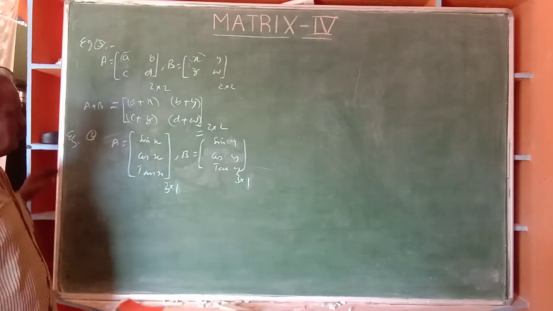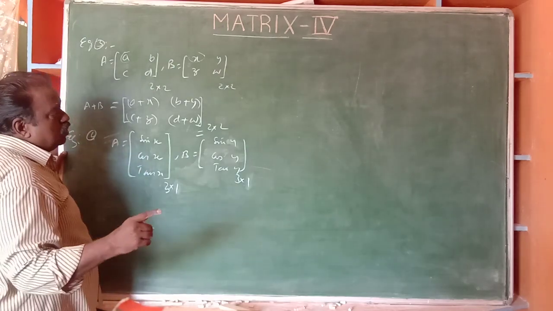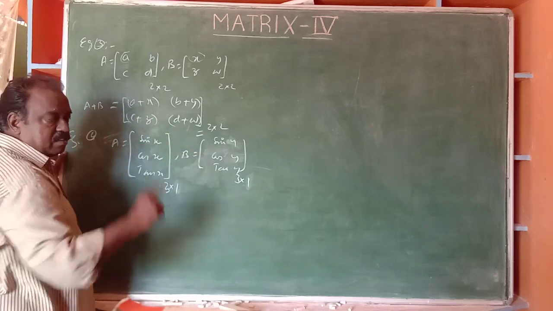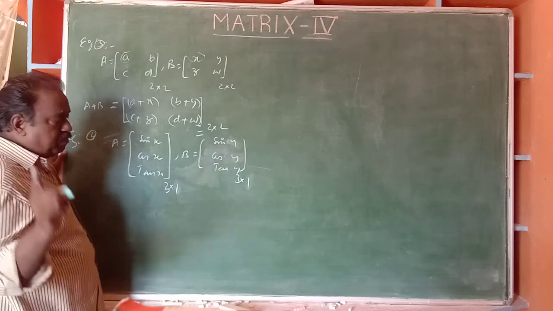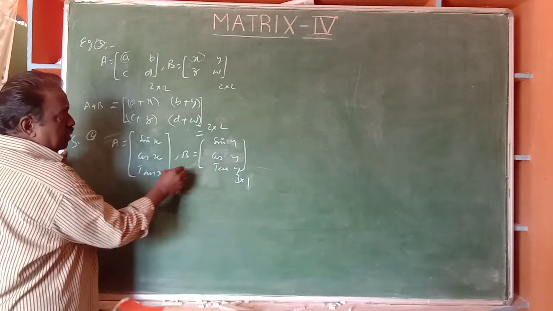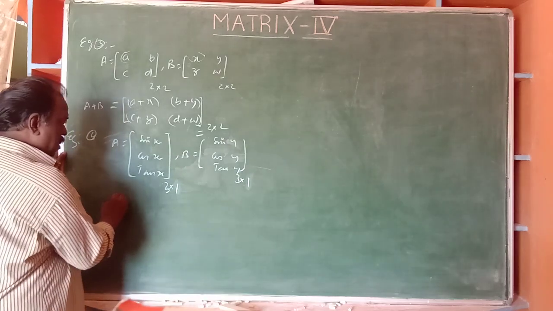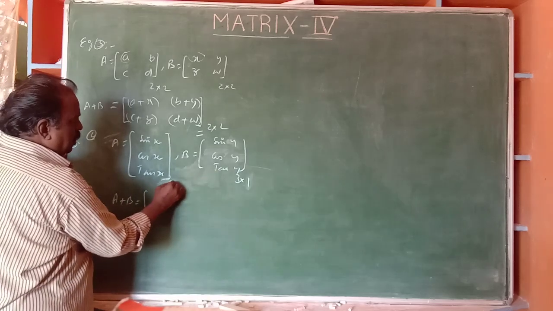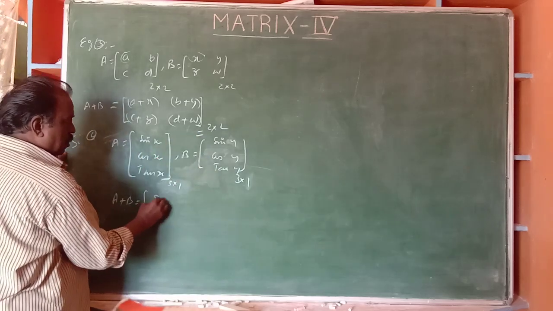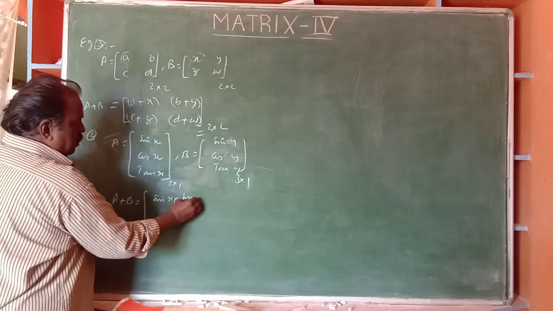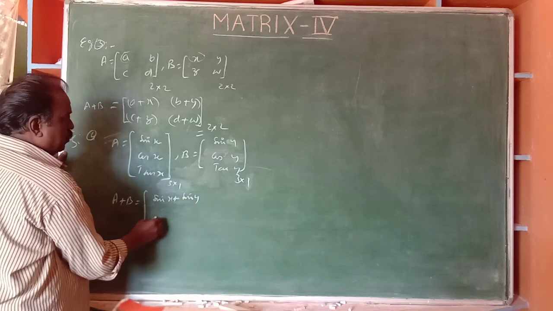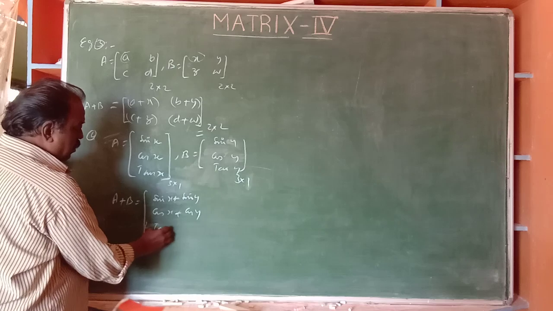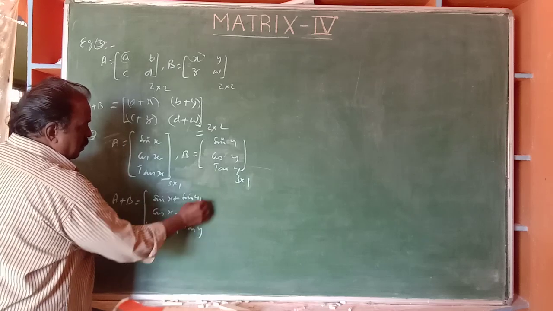What I want to tell is that not only numbers and variables, even functions can be used. Sin x is a function, cos x, tan x, tan y, cos y, sin y. Then A plus B means corresponding elements: sin x plus sin y, cos x plus cos y, tan x plus tan y.